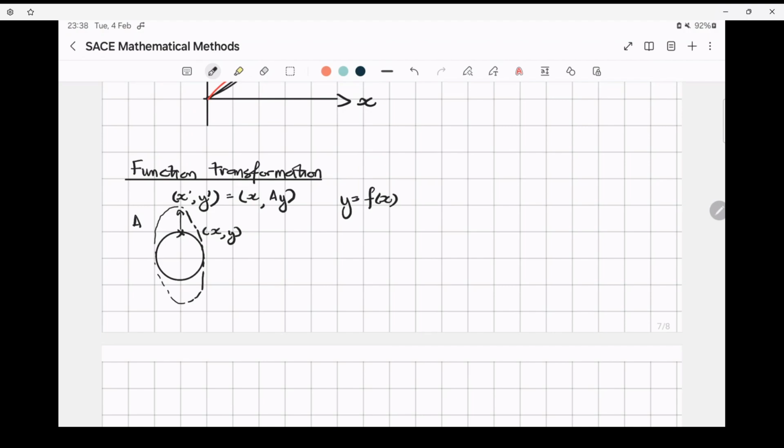We try to study the relationship between coordinate transformation and how it affects the outcome of your function. So in this case we know that x prime equals x and your y prime will be equal to the stretch factor a times y, and we also know that y equals f of x, so this is a times f of x. So this is the first transformation that we study.